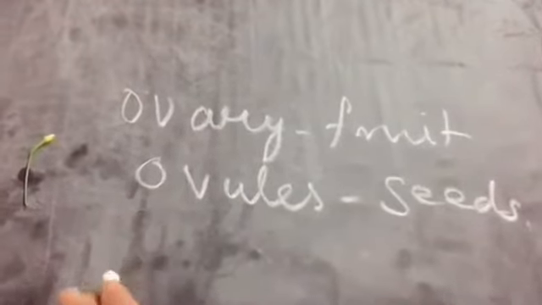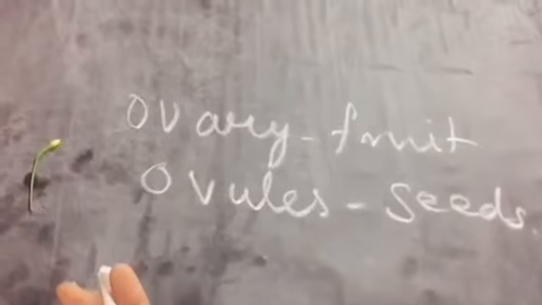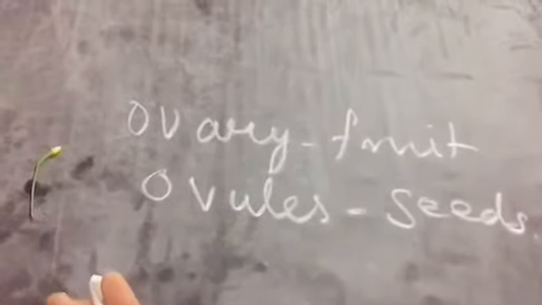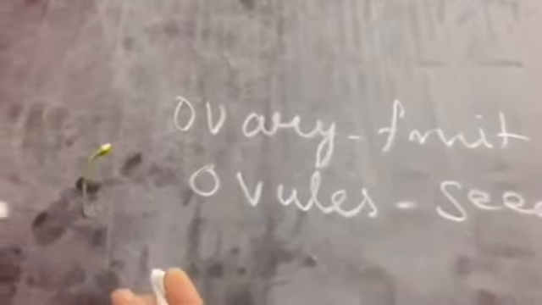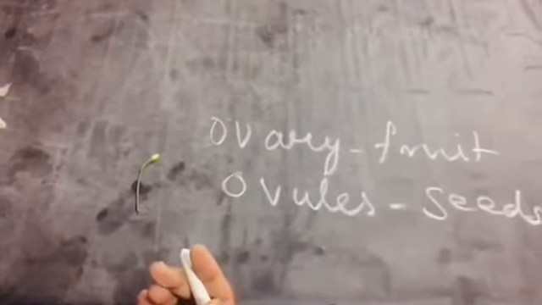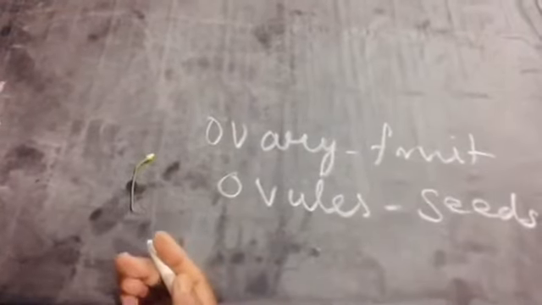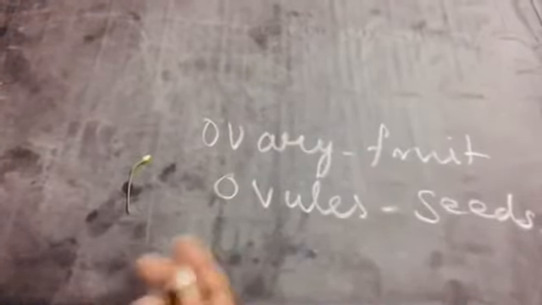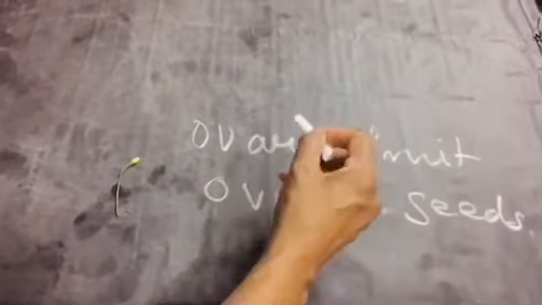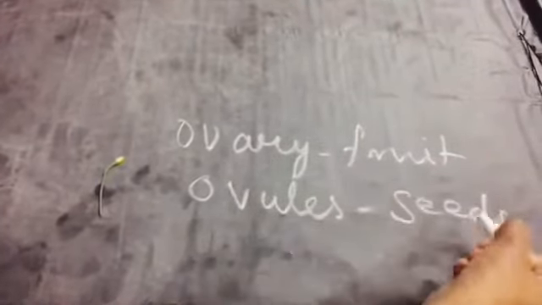I repeat, sepals, which make the calyx, dry and fall off. Petals also dry and fall off. Stigma, style, even stamens also wither away. And the ovary swells and becomes fruit. Ovules change into seeds.